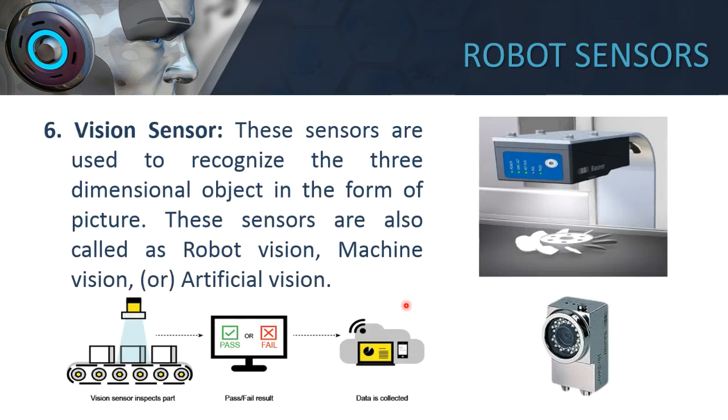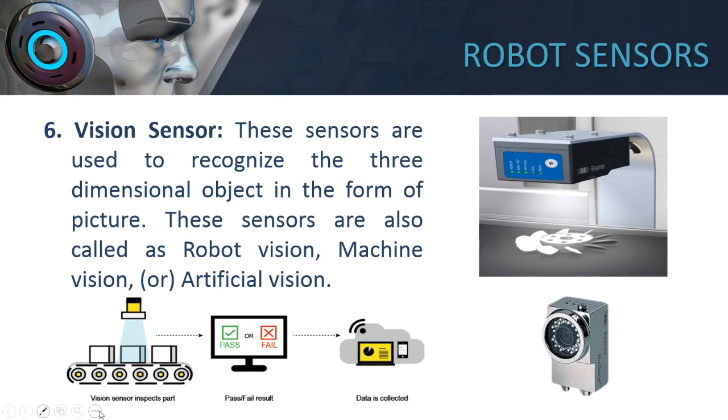The next type of sensor is the vision sensor. This also comes under the non-contact type of sensor. These sensors are used to recognize a three-dimensional object in the form of a picture. They are called robot vision sensors, machine vision sensors, or artificial vision sensors.